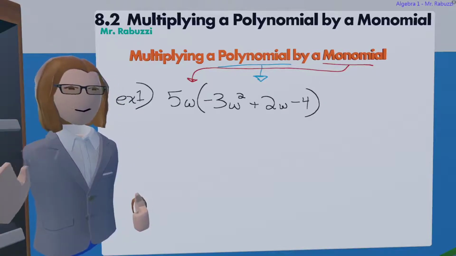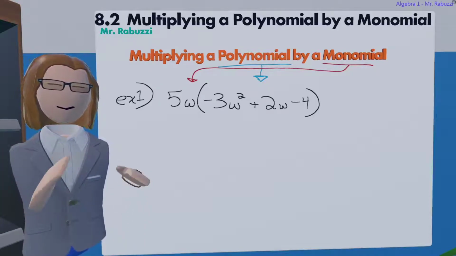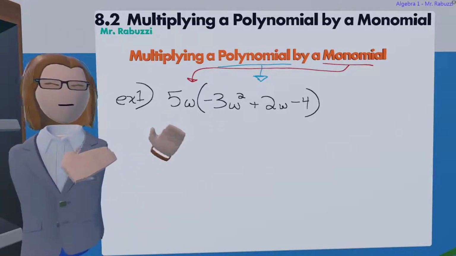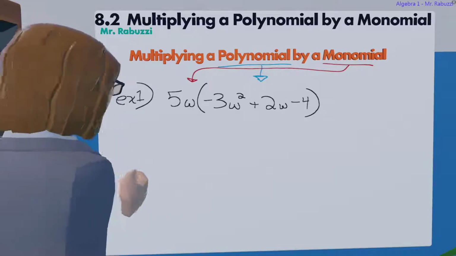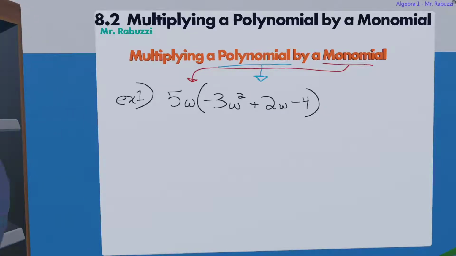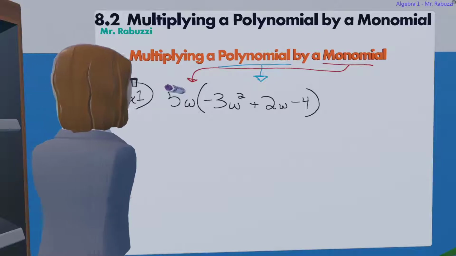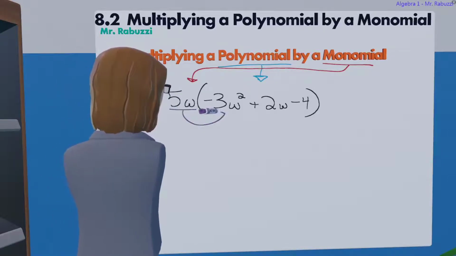Okay, so we're going to distribute. We've done this before. Sometimes you call it FOIL when it's double distribution. But we're going to multiply the 5w by each piece. Okay? So let's color code it. Starting with purple, we're going to multiply the 5w times the first term here.